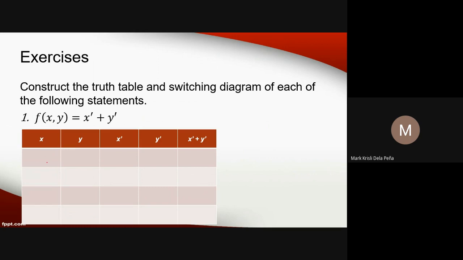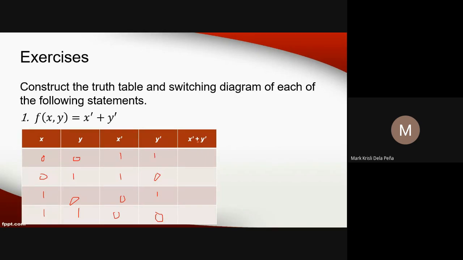Remember that we will now be using 0 instead of false and 1 instead of true. So we have 0, 0, 0, 1, then 1, 0, and 1, 1. Then negating x, that's 1, 1, 0, 0. Negating y, we have 1, 0, 1, 0.